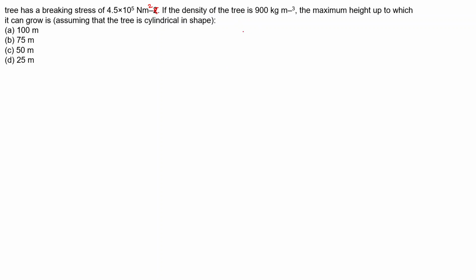Breaking stress means what is the maximum it can grow before, because the tree has its own weight, right? So there is a limit up to which it can grow, otherwise its own weight will make it break. So that is called the breaking stress. So the tree is growing, and every time it's growing, its mass is also increasing.